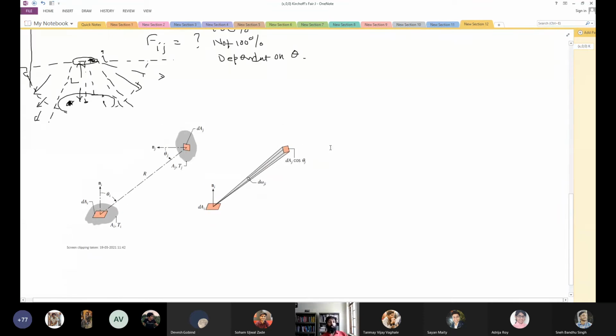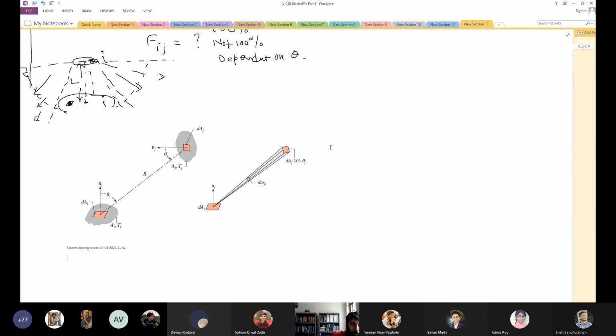These are the two differential areas, dAi and dAj, both joined by a line. The length of the line is R. If I draw a normal to surface j, it gives Nj.